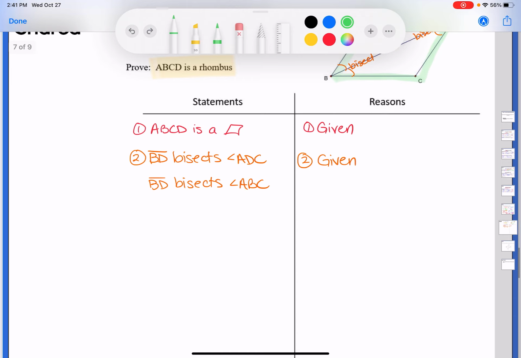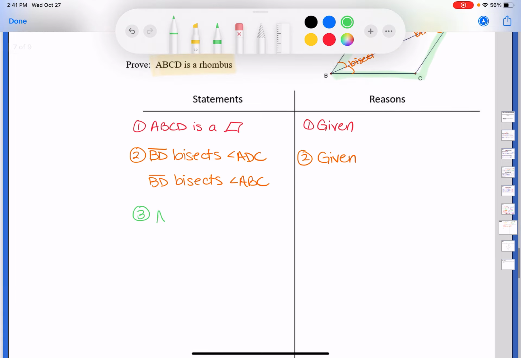The big idea is I wanted to make sure you knew how to write this. So step 3, using that really good if-then form, ABCD is a rhombus. Now remember, there is no symbol for rhombus or rectangle or trapezoid or anything. The only symbol is parallelogram, since that's the one we use the most.